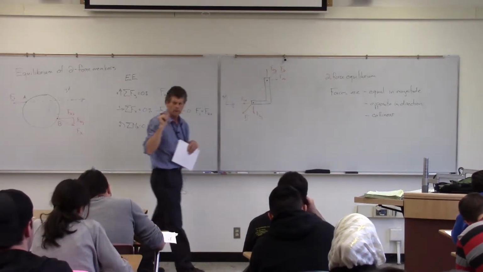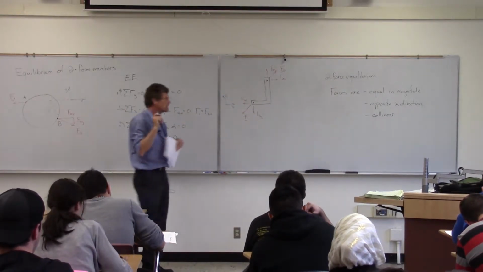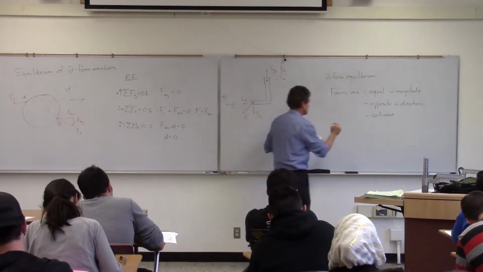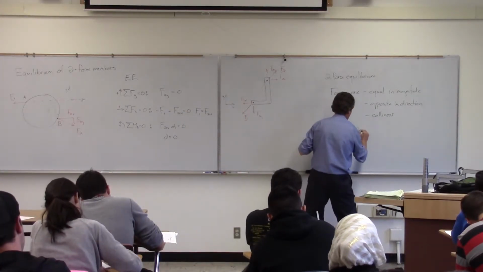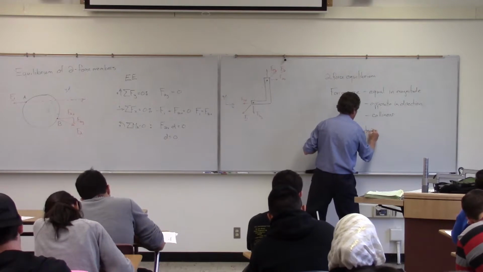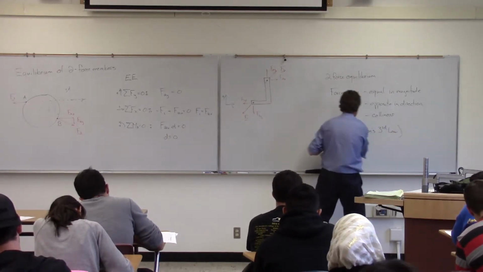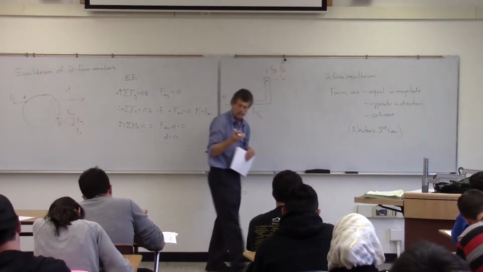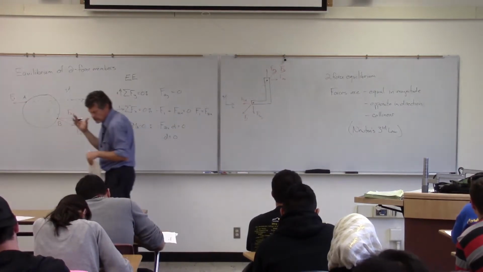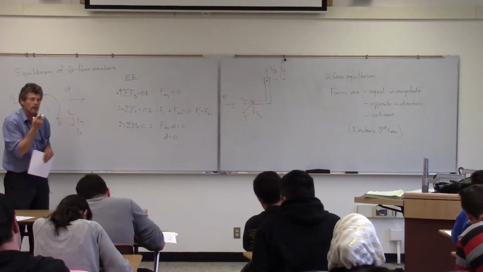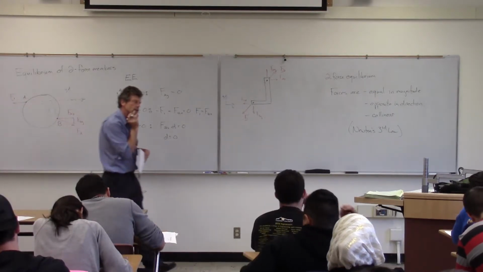Does that look familiar? Did we state that one other time? That's Newton's third law. So the nice thing about that is I've eliminated one of the unknowns. I know the direction.